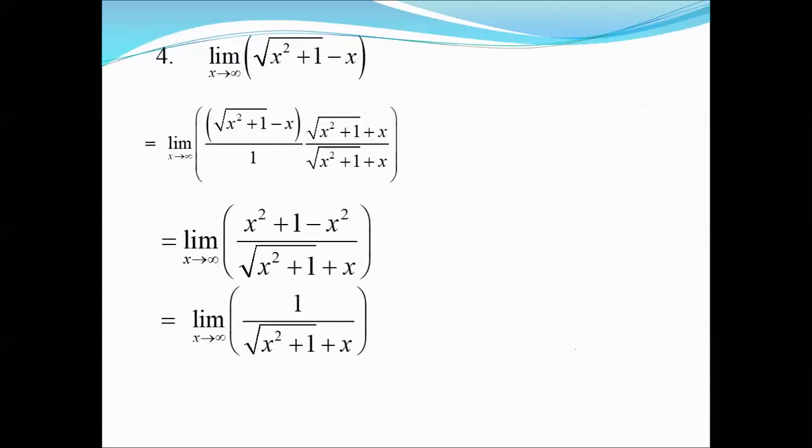And the fourth example, again we simplify it by multiplying and dividing by the conjugate of square root of x square plus 1 plus x, multiply, divide, simplify, and again we get 0.